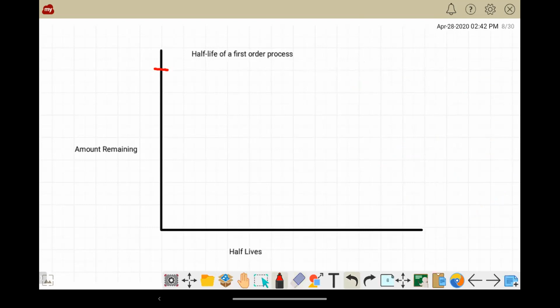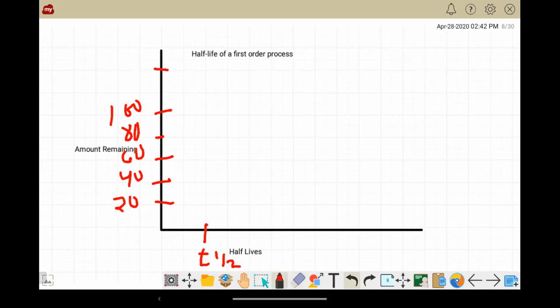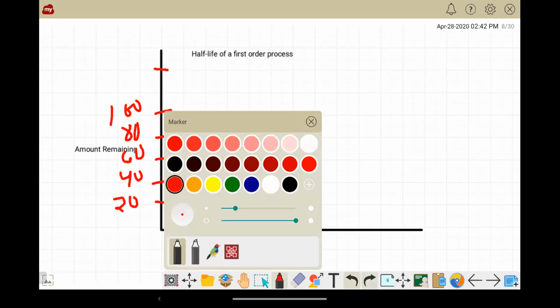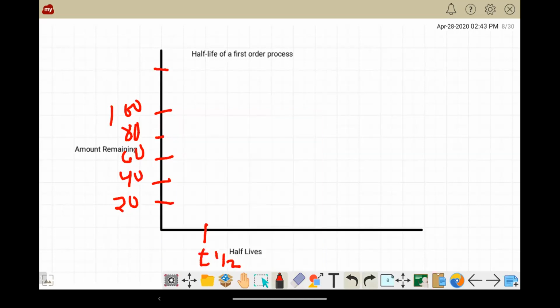So one interesting thing about a first order reaction is that it has what we consider a constant half-life. If it takes a certain amount of time for the amount of material present to decrease to half, or 50%, of its original amount, and the reaction is first order, then that time is going to be a constant value.